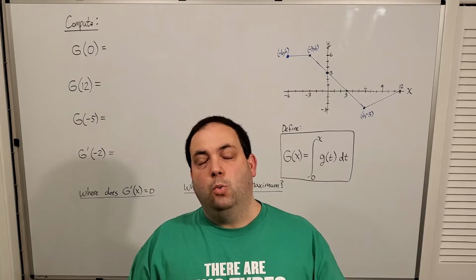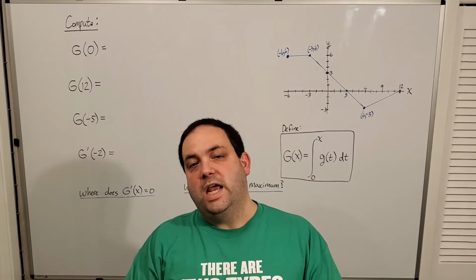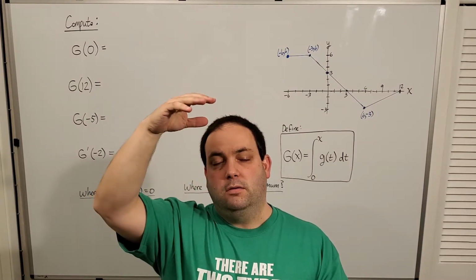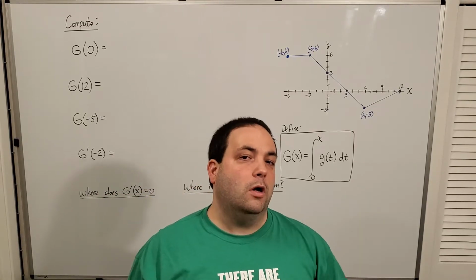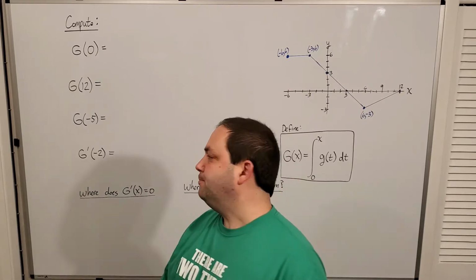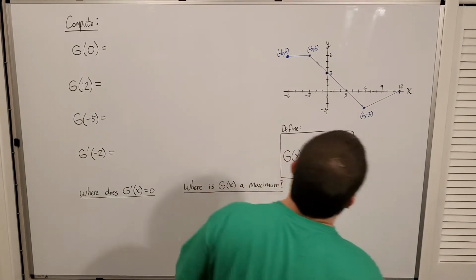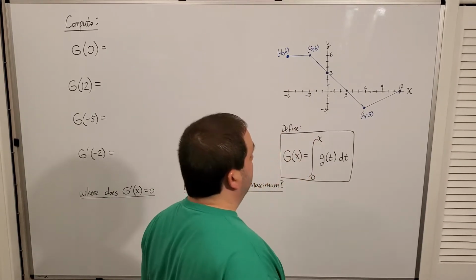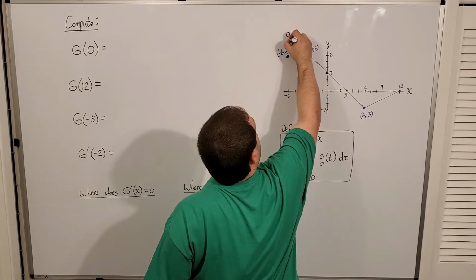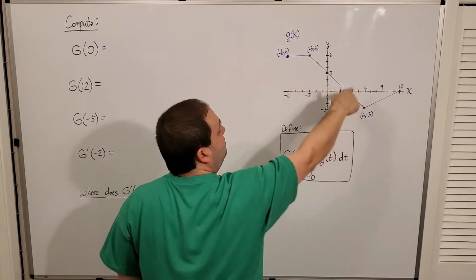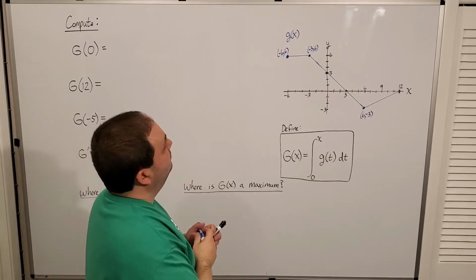Let's finish up with one more example of the connection between an antiderivative and a derivative function through a graph this time, right? Okay, so we have this little g function right here. Sorry, I should have labeled it. This is little g of x, this blue graph here, okay?